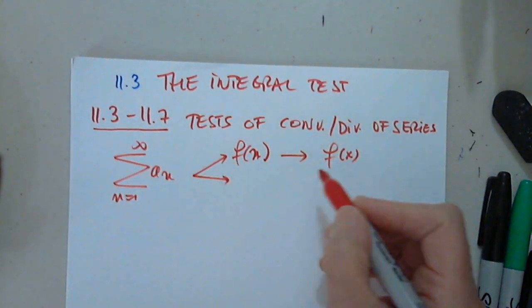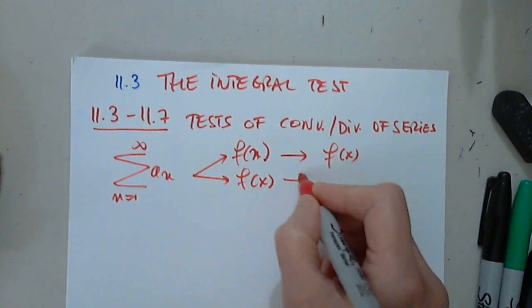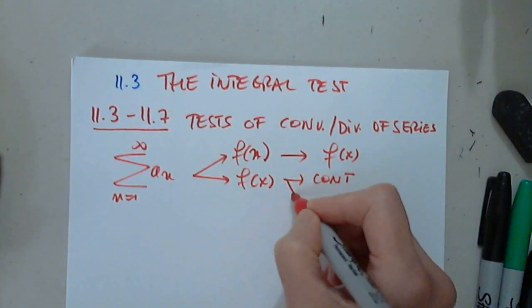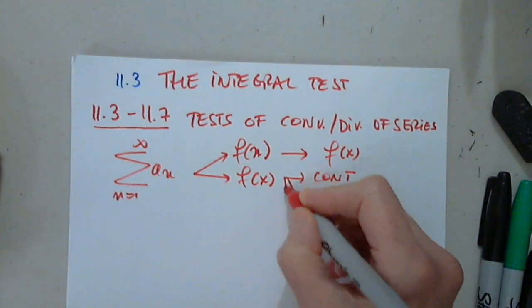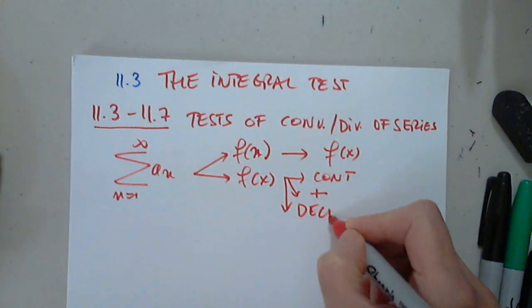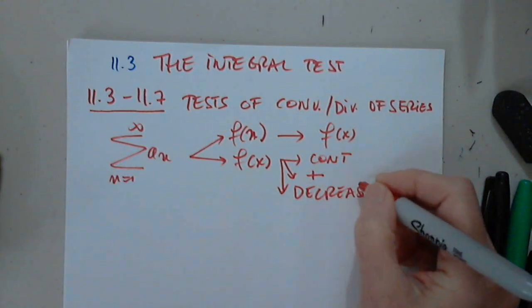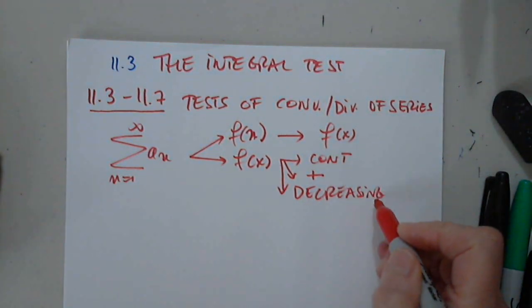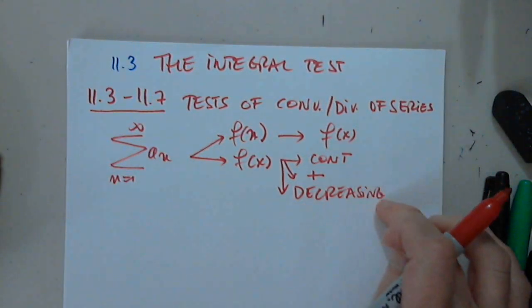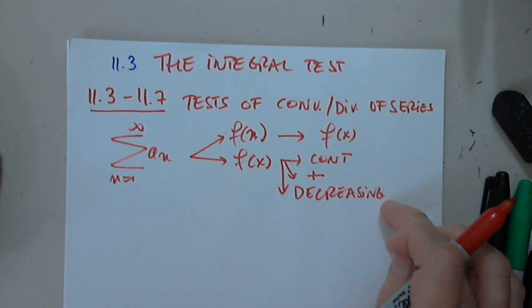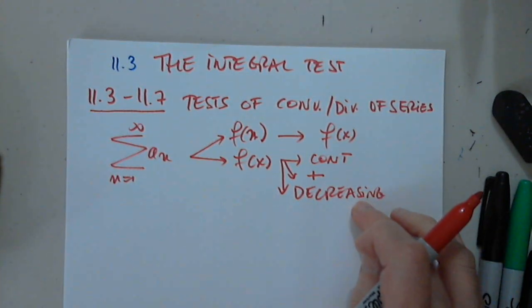Secondly, this function f of x must be continuous, must be positive, and must be decreasing. It can be increasing for a finite number of terms, but eventually, for infinitely many terms, it should be decreasing.